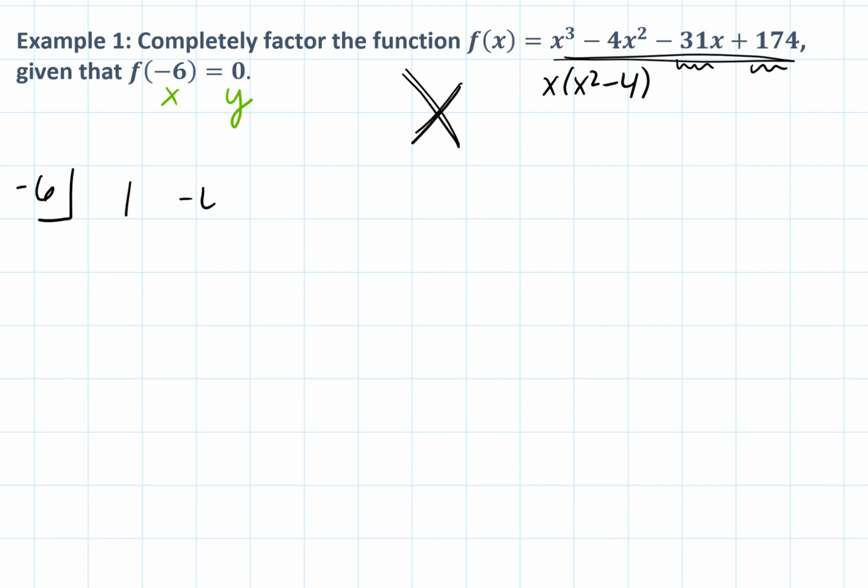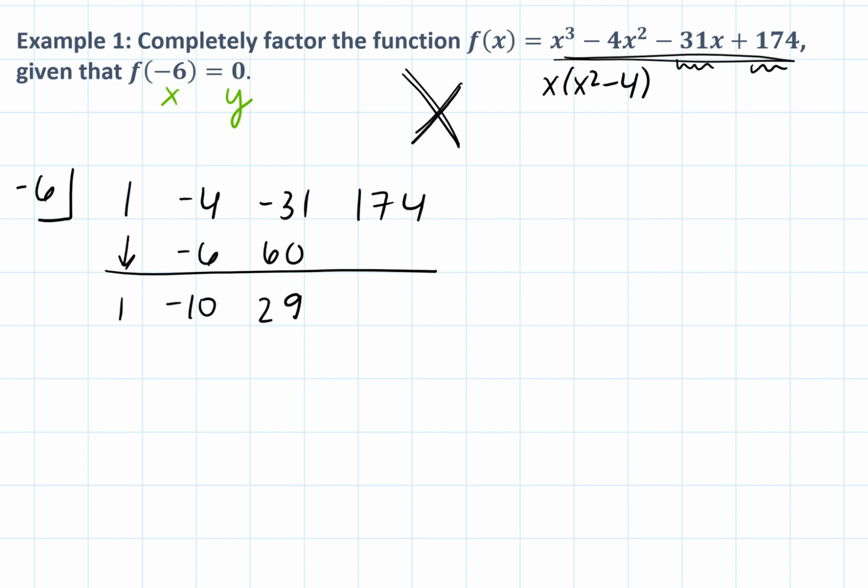Let's write out the coefficients of our function. Drop some space and divide. Oh, good. We were right. -6 is a factor. So we can take this function f of x, and we can factor it into x plus 6.